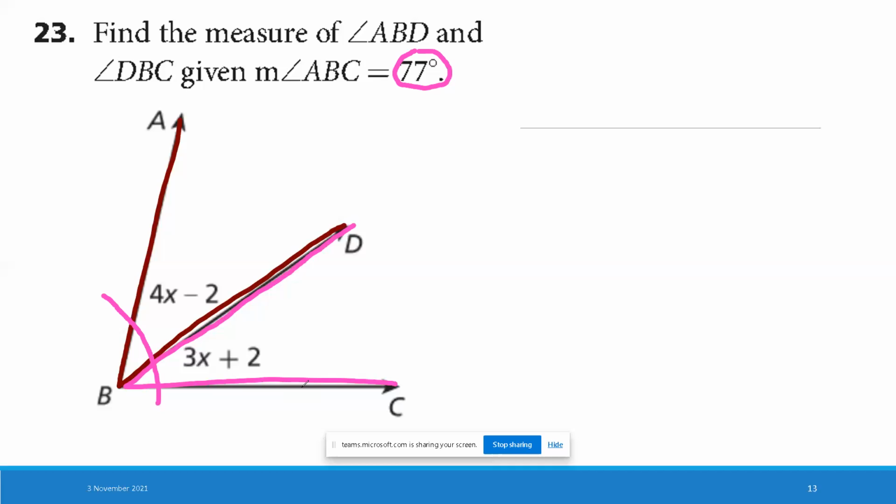So why do you add them together? What's the relation between ABD and DBC? Are they adjacent angles?